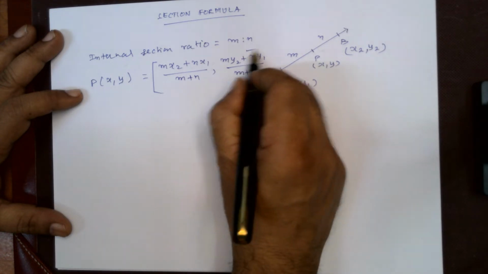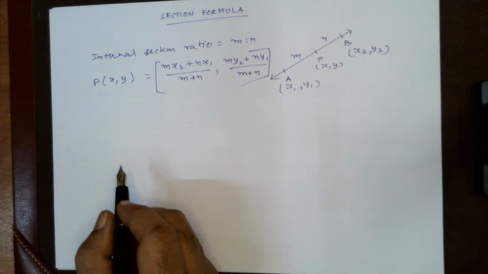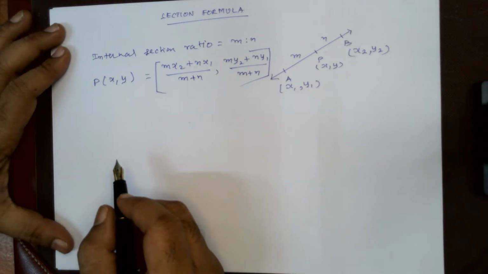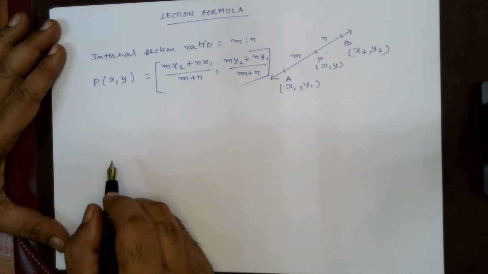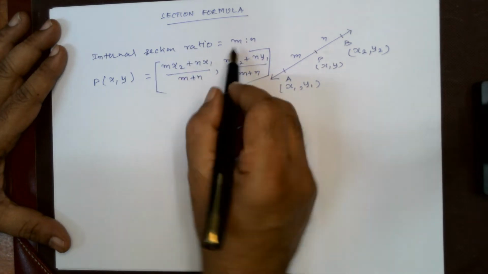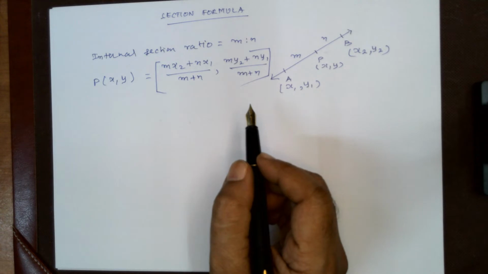So this is the formula. This is called the internal section formula, where m, n is the section ratio, whether it is 1 is to 2 or 3 is to 1 or 2 is to 3, like that.